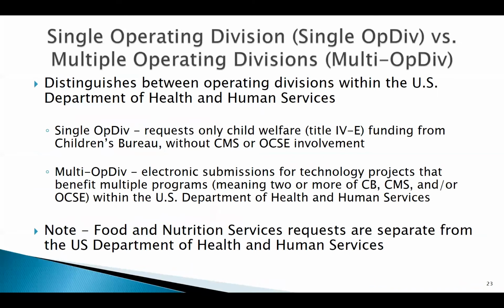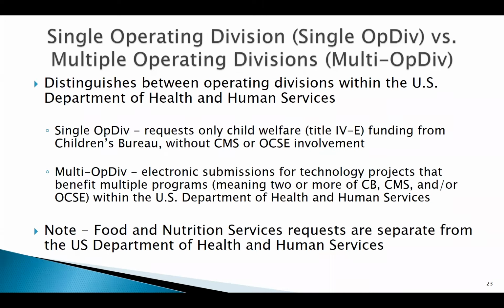Next slide. So understanding the difference between your single ops and your multi-ops. So your single ops are for child welfare, Title IV funding from Children's Bureau with or without CMS or OCSE involvement.